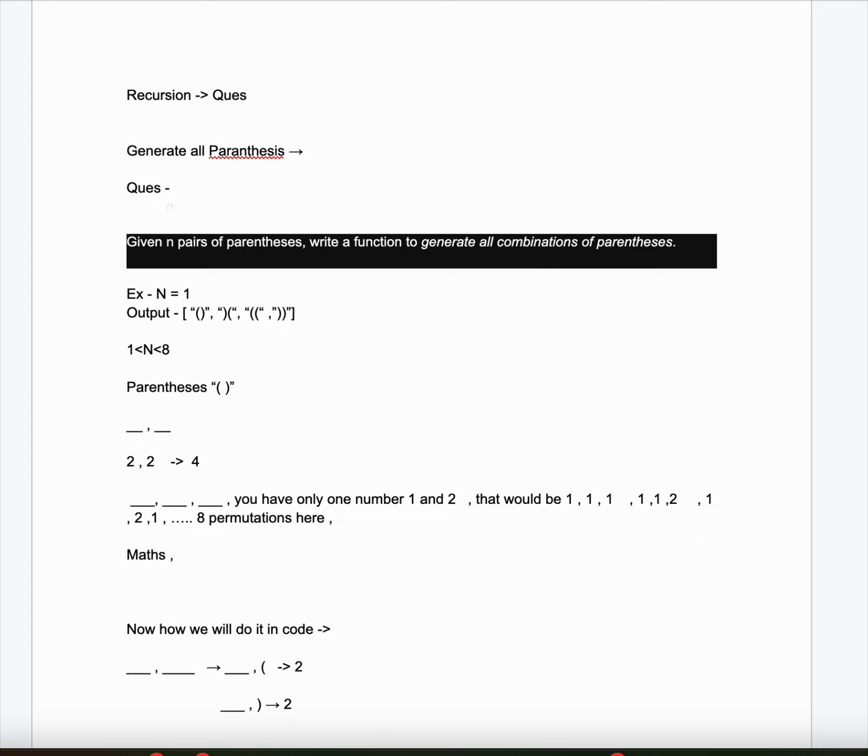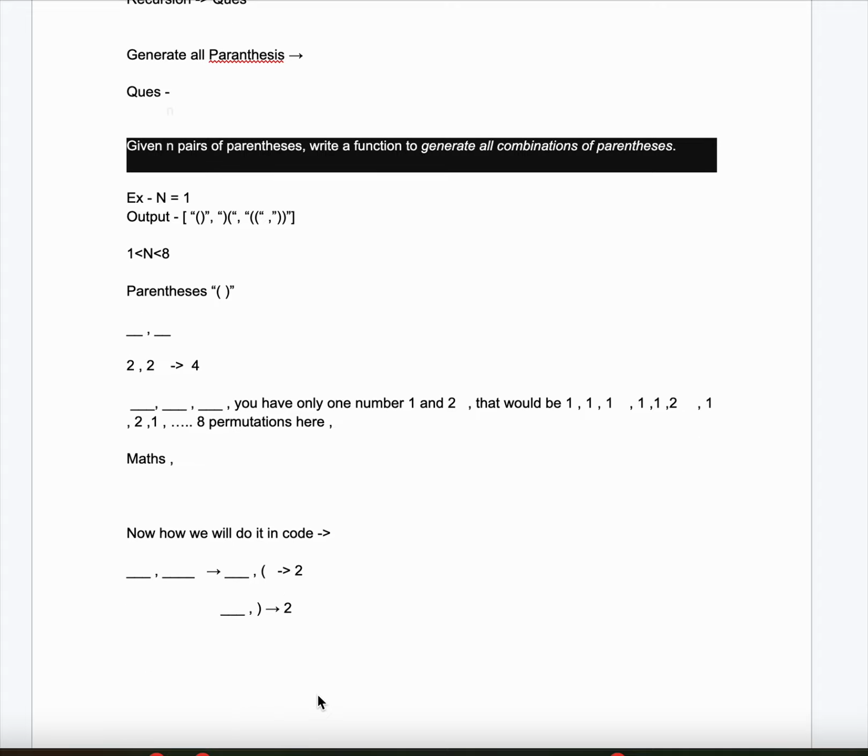The first one is when we put the opening bracket, the second one is when we put the closing bracket on the last spot. Then we have two options for the first answer and two options for the second answer. So our 4 answers got distributed into 2. So here we have the idea of recursion, because in recursion what we do is distribution only, we divide only. Our answer can be divided. So the intuition of recursion is coming from here.